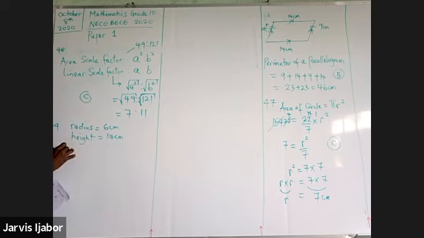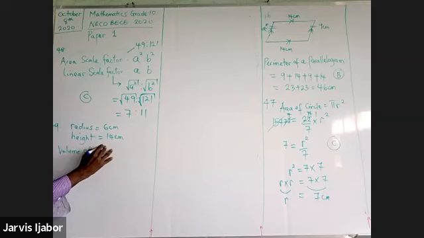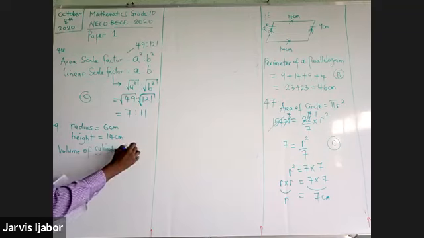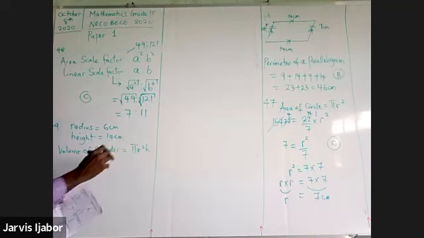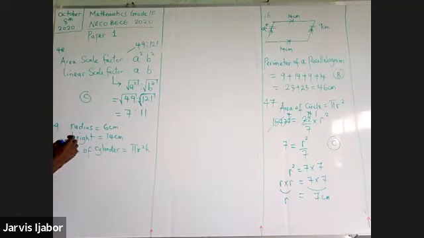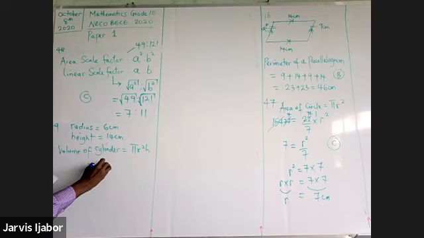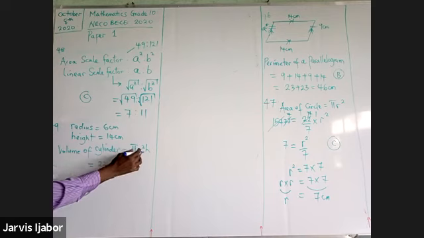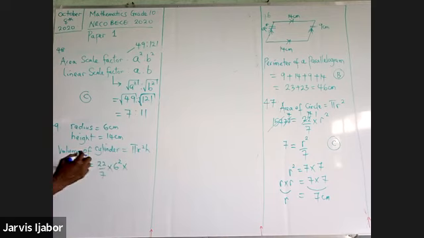So we know that the volume of any cylinder will be pi r squared h. And with that, pi will be 22/7. Radius is 6 squared times height, 14.